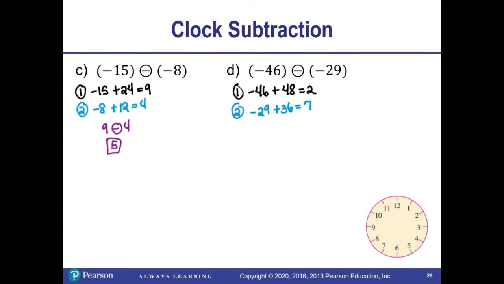It's 12 times 3. So in this problem, negative 46 minus negative 29 on the clock is 2 minus 7 on the clock. Subtracting is the same as adding the additive inverse. The additive inverse of 7 is the number that I add to 7 to make 12. That would be 5. And 2 plus 5 on the clock is 7.